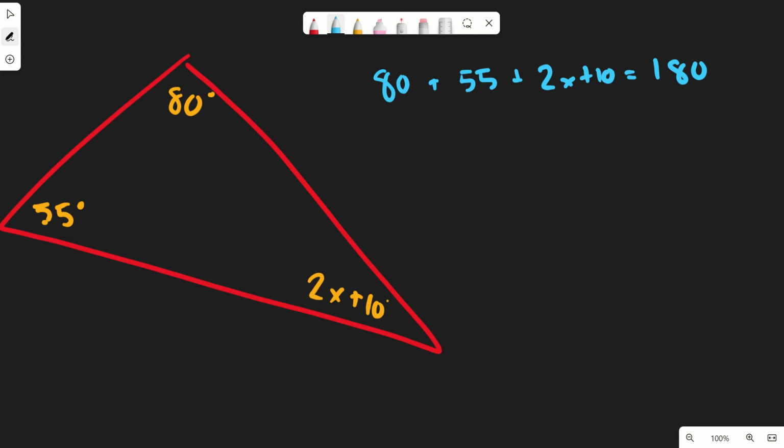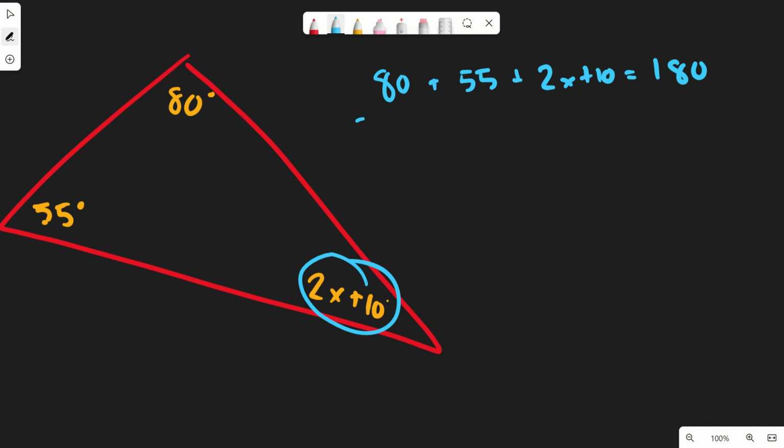Now, this looks like something we've seen before. Yes? We've seen something very similar to this in a multi-step equation. Whoa, look at that. We're bringing it back to what we talked about earlier. Multi-step equation. Now, let's solve for x to figure out what this angle will equal.